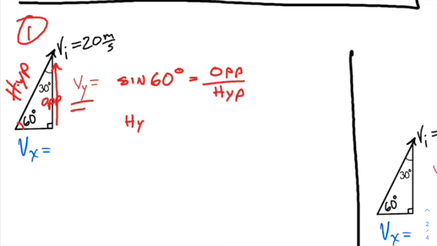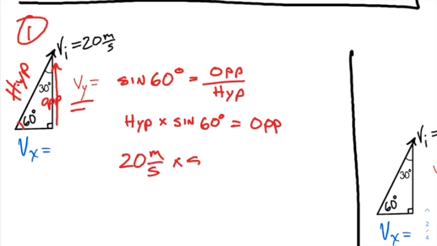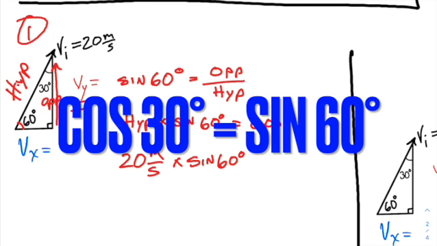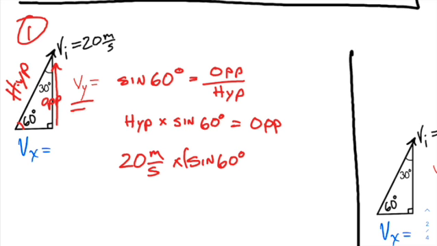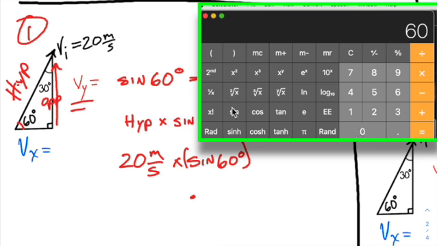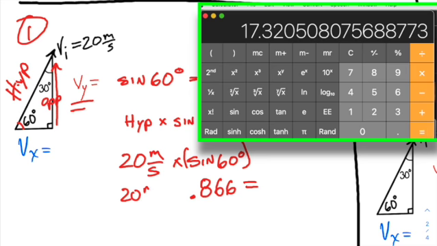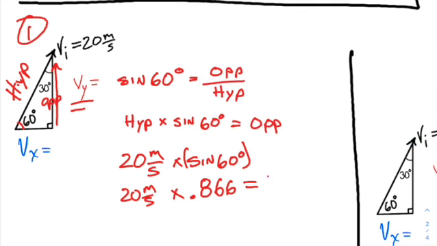The hypotenuse is 20 meters per second. The sine of 60, we shouldn't be surprised to find out, is the same as the cosine of 30, so it's going to be 0.866, giving us the velocity of 17.3 meters per second.